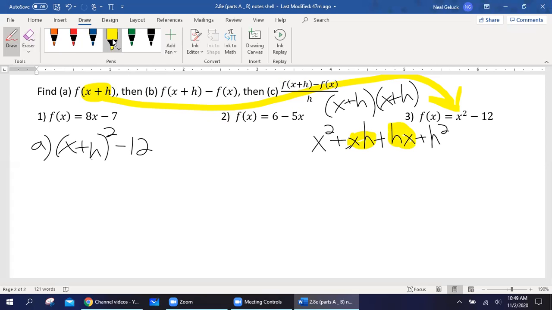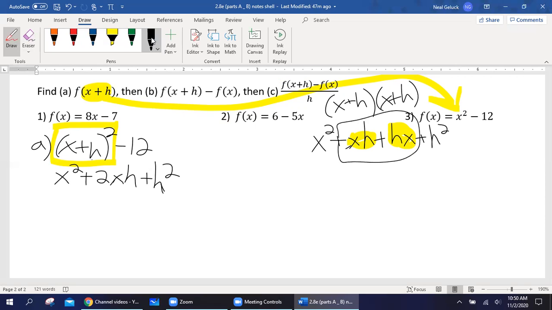They're both xh's or hx, whichever way you want to say it. I have 2 of those. So the x plus h squared part became x squared plus 2 xh's plus h squared. Again, I combined those 2 because there's 2 of them. And then I still have minus 12.